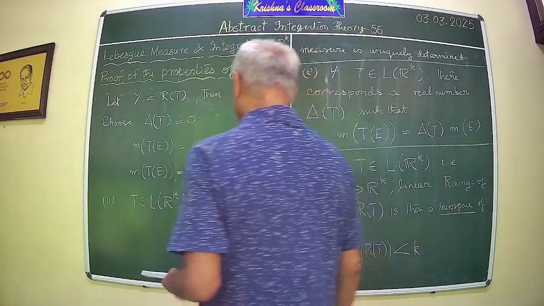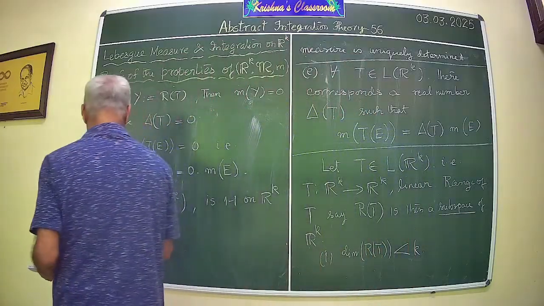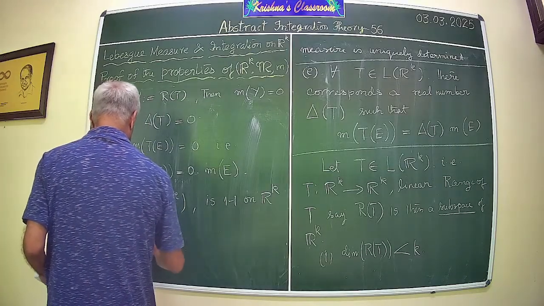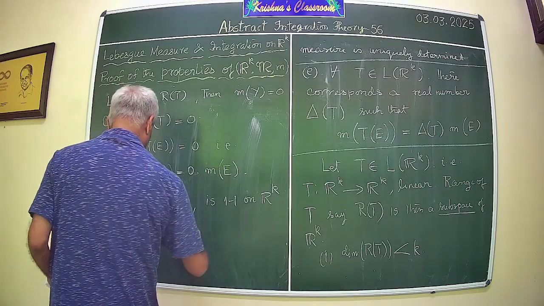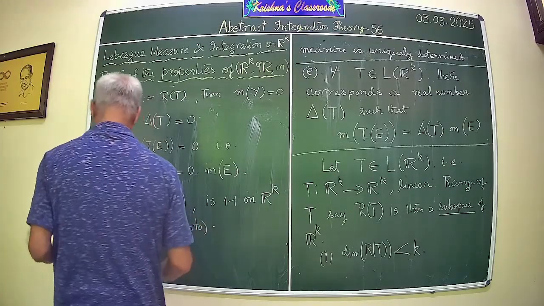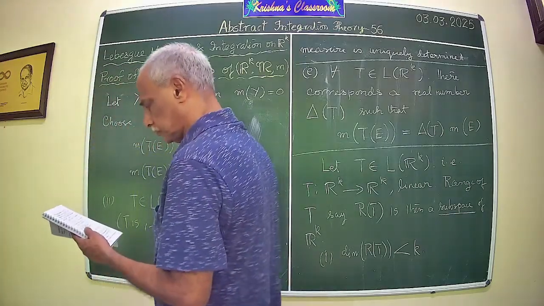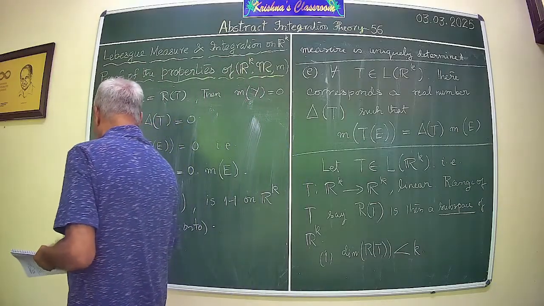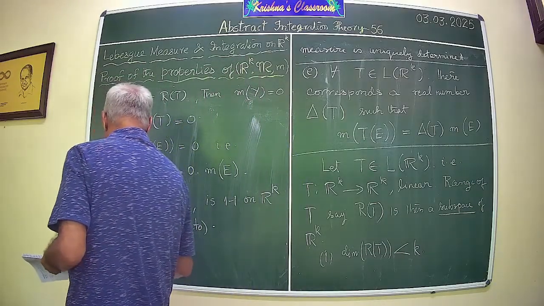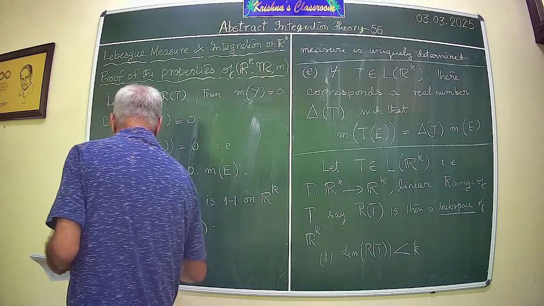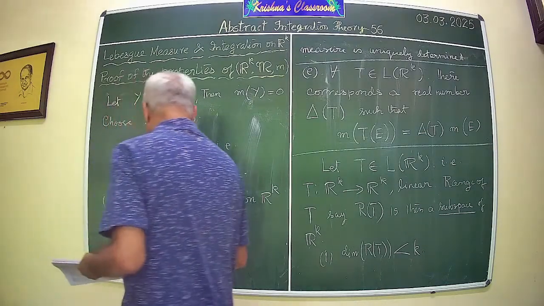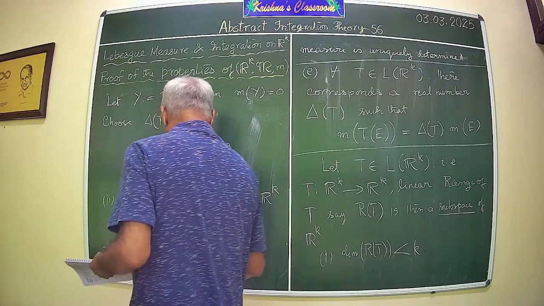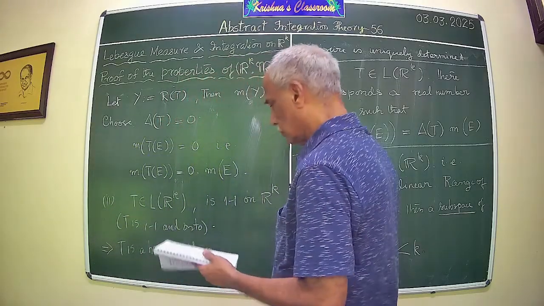This implies T is a homeomorphism on Rk.